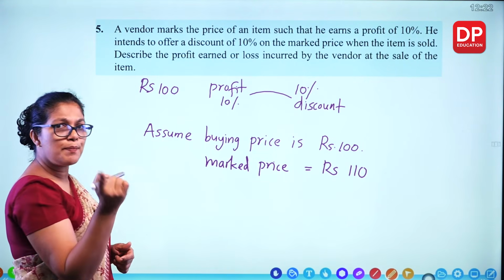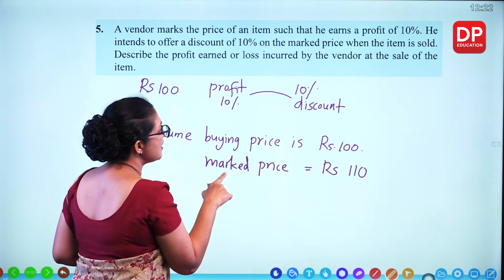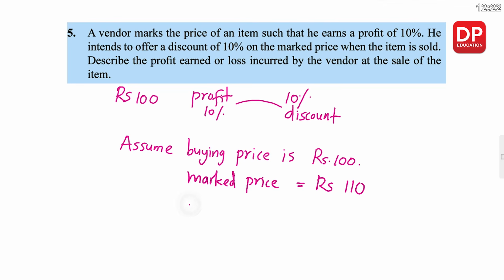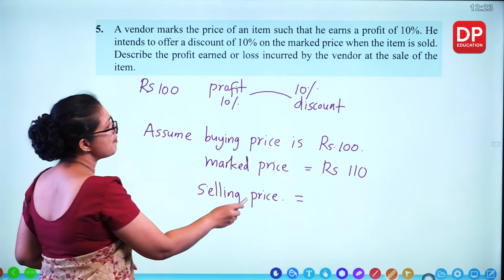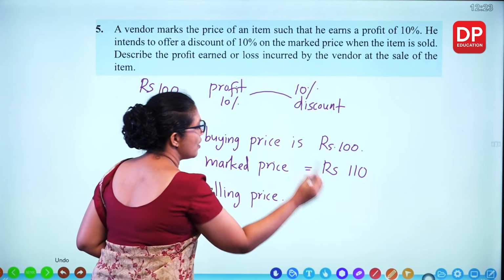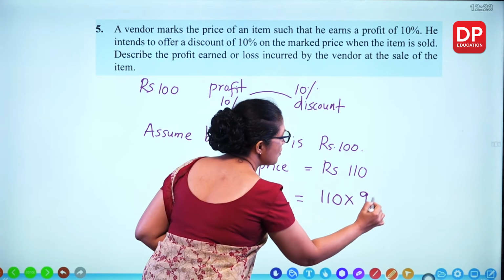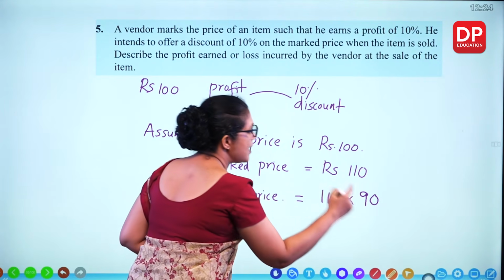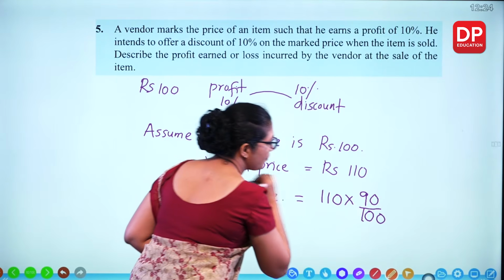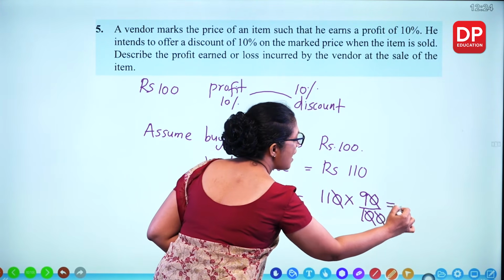Then with a 10% discount from that, what's the selling price? Now this is the selling price with the 10% discount. So if this is 110, you have to pay 90% of that. Now when you simplify, you get 99 rupees.